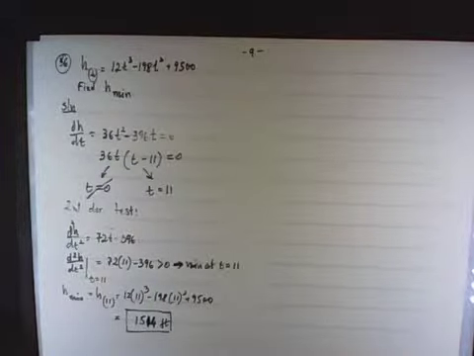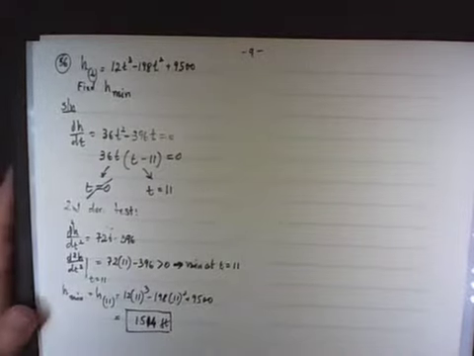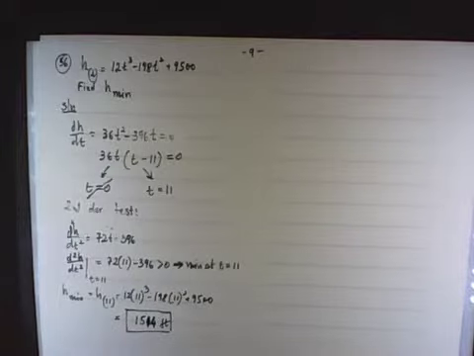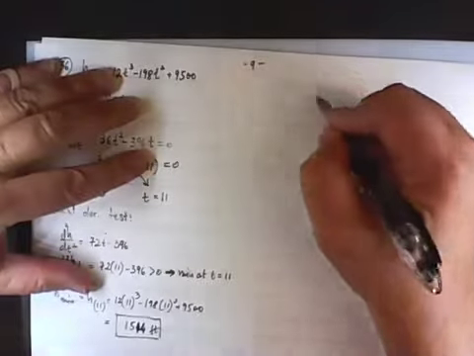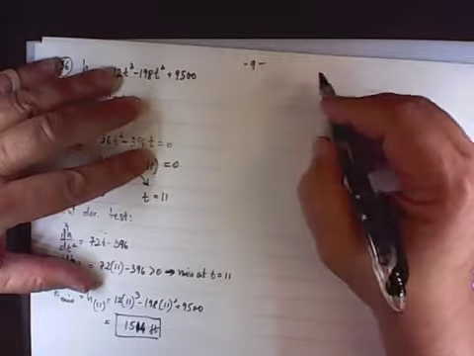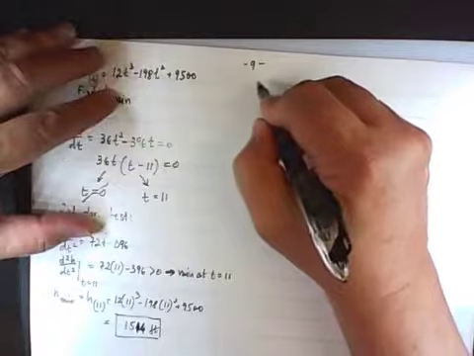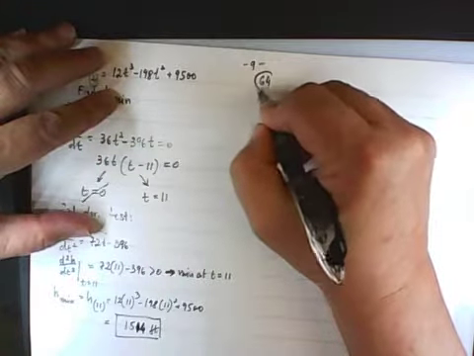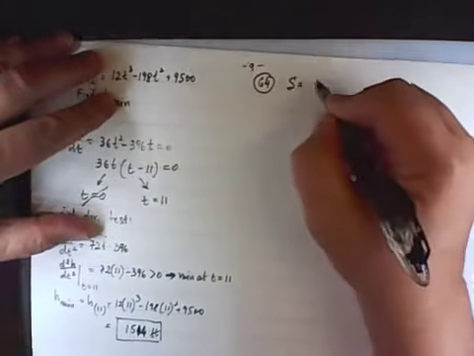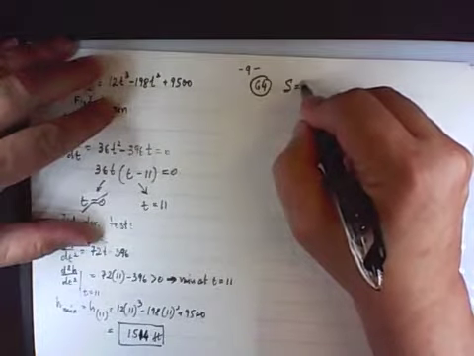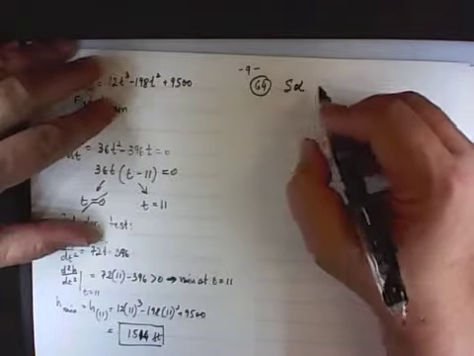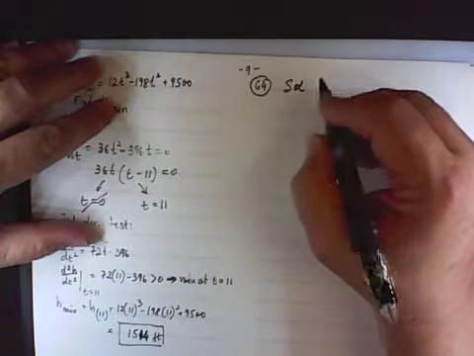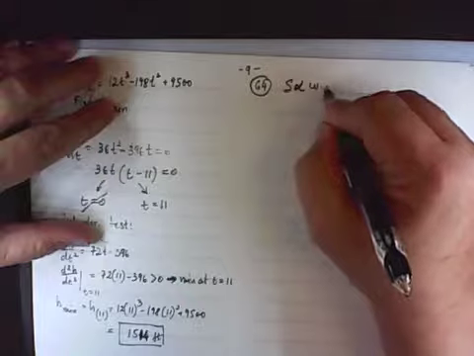All right. So we have the term: the strength is proportional to the width times the square of the depth. So S is proportional to W times D squared.